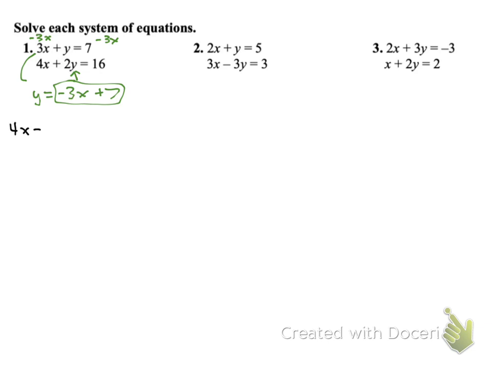I'll have 4x plus 2 times negative 3x plus 7 equals 16. I've eliminated the y's from that equation, and I can now solve for x. First step, I'll distribute that 2. 4x plus negative 6x plus 14 equals 16.